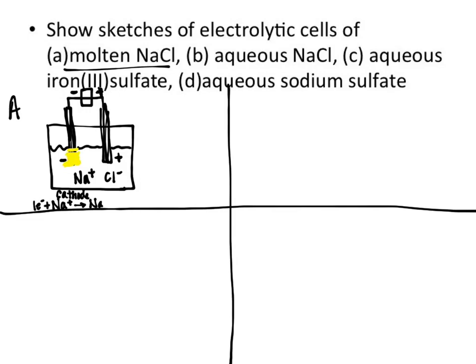Now on the chlorine side, which is going to be our anode, we're going to have our chloride ions, Cl-, and it's going to produce chlorine gas, Cl2, and 2 electrons. So over here, we're going to have this bubbling up, and this bubbling is going to be chlorine gas.